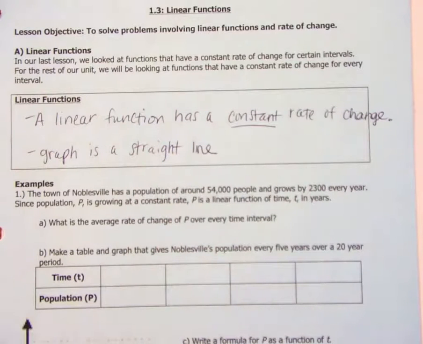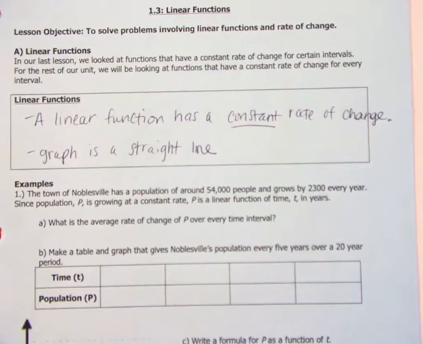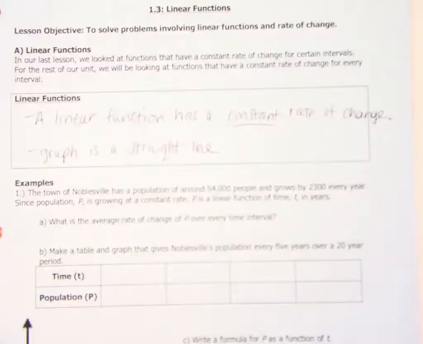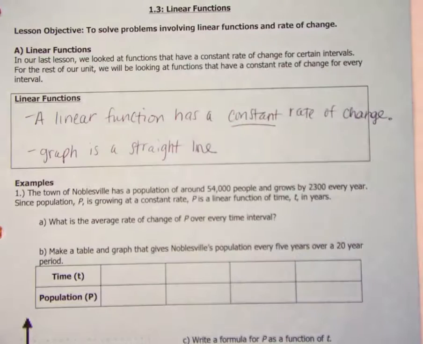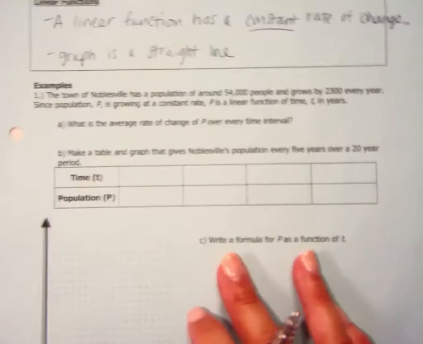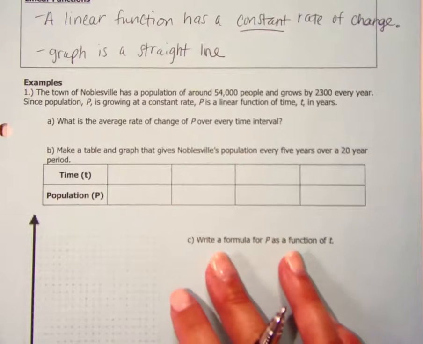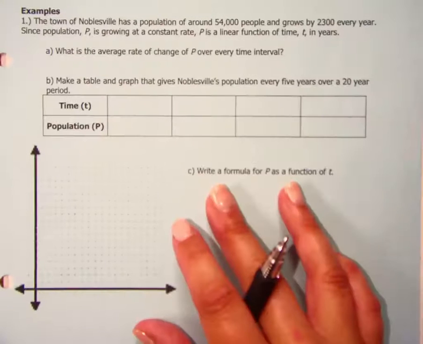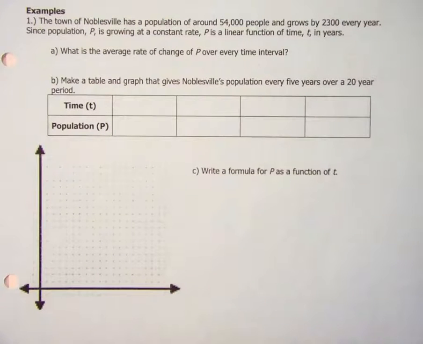All right, grab your calculators because I think we're gonna do a couple of these graphs on our calculators versus by hand, just to kind of expedite our process a little bit. First example, the town of Noblesville has a population of around 54,000 people and grows by 2,300 people per year.